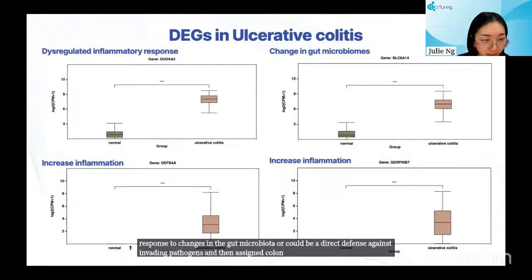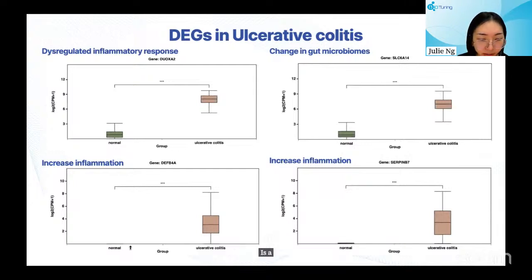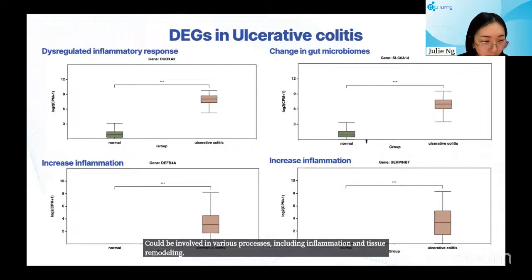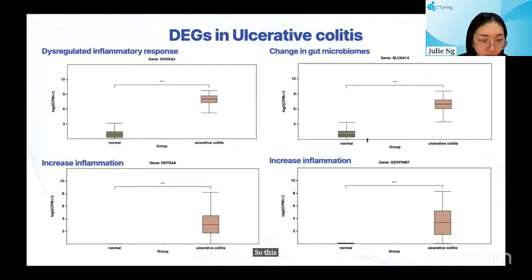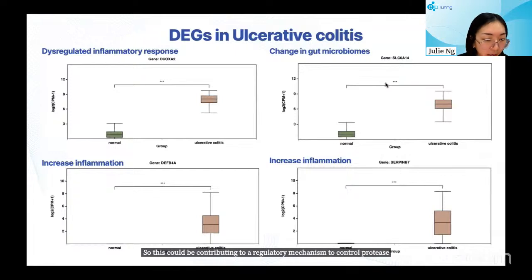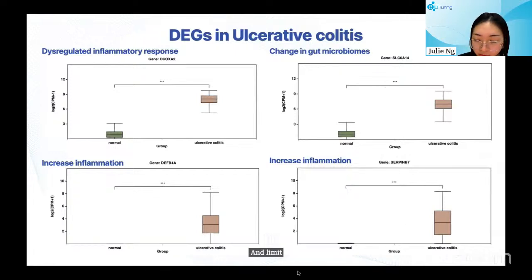And then lastly, SERPINB7 is a serine protease inhibitor. The upregulation in this gene could be involved in various processes, including inflammation and tissue remodeling. So this could be contributing to a regulatory mechanism to control protease activity and limit tissue damage in the inflamed ulcerative colitis colon.